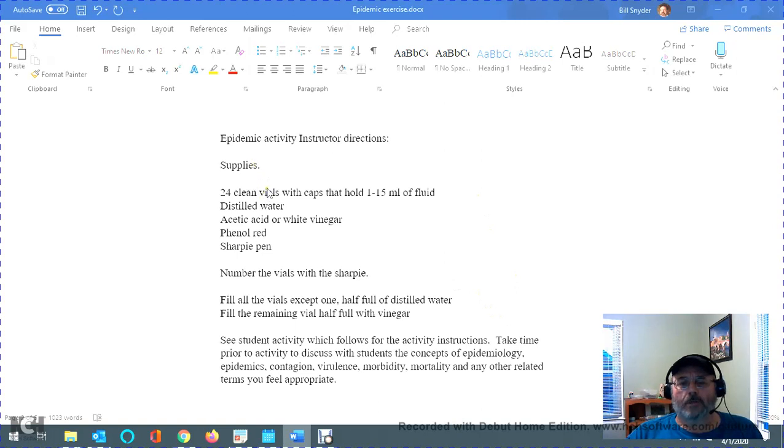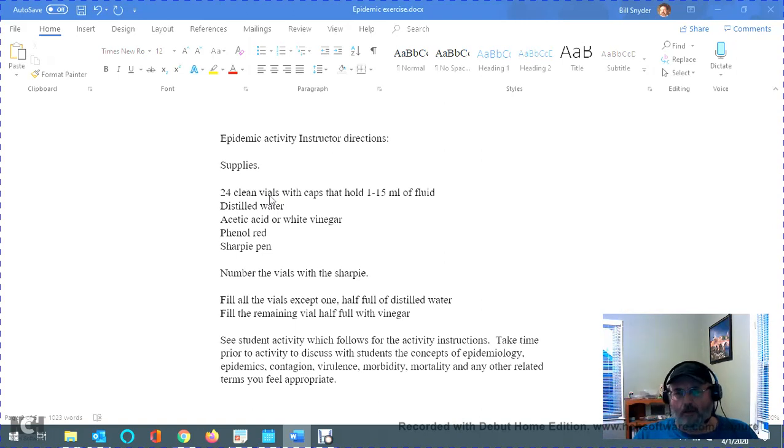The exercise would have involved 24 vials of fluid, and basically you would have had water in 23 of those. But one of them would have had a mild acidic solution, which when you expose it to phenol red, changes from red to yellow.